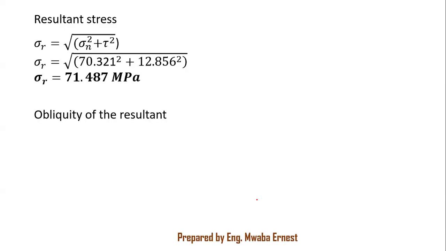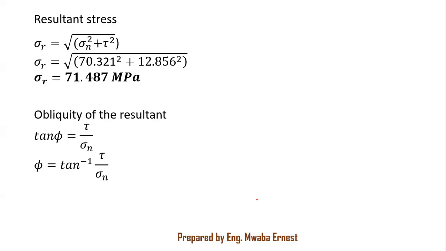71.487. What about the obliquity of the resultant? Basically, we're just asking for the angle. To find it, we use tan phi equals shear stress over the normal stress.